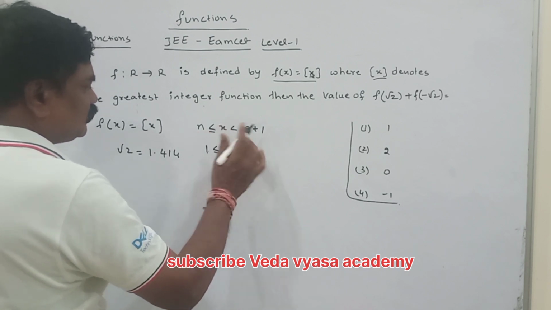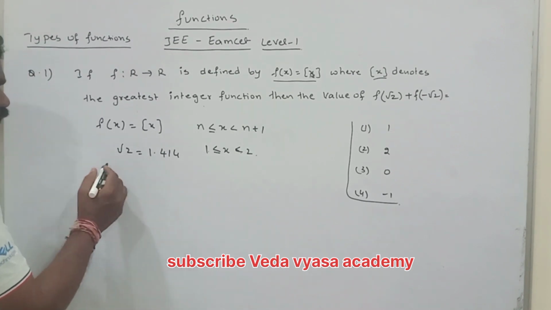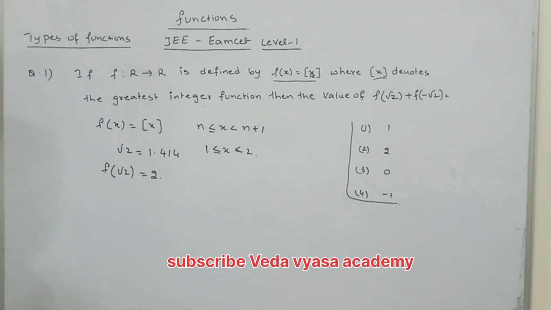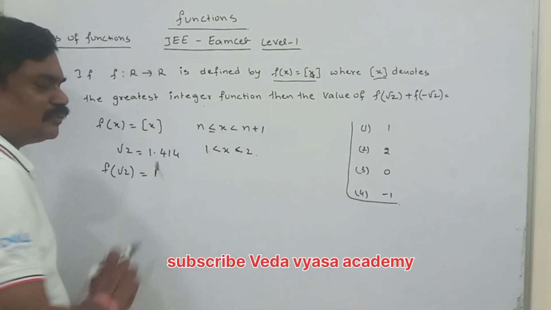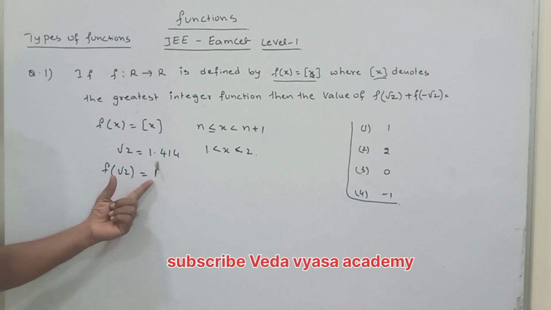Here n less than or equal to x less than n plus 1. What is the greatest integer value? F of root 2 is equal to 1 here, since 1 is less than x less than 2. Here f of root 2 is equal to 1.